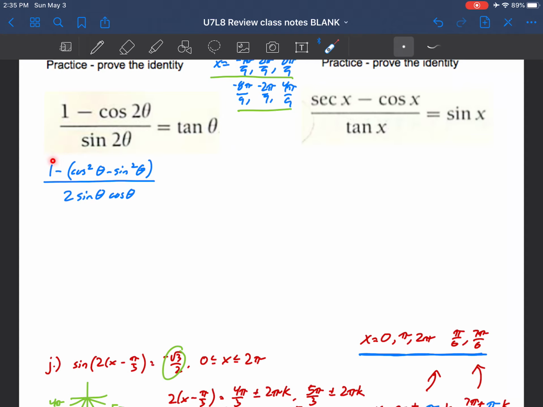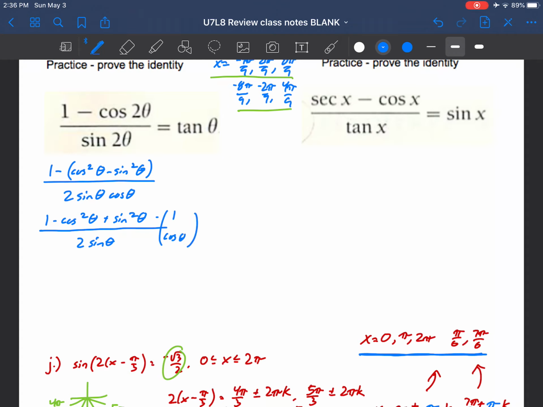So I'm going to leave this and manipulate just this stuff. So I've got 1 minus cos squared theta plus sine squared theta over 2 sine theta, and then I'll have the cosine hanging out over here.